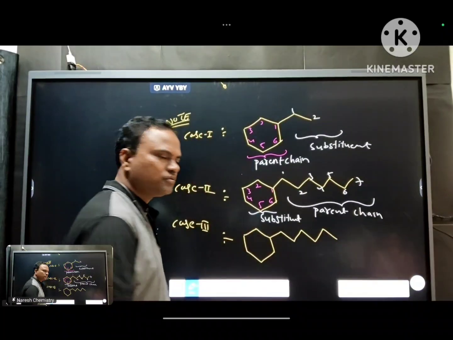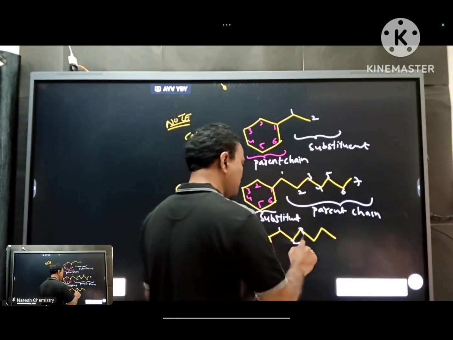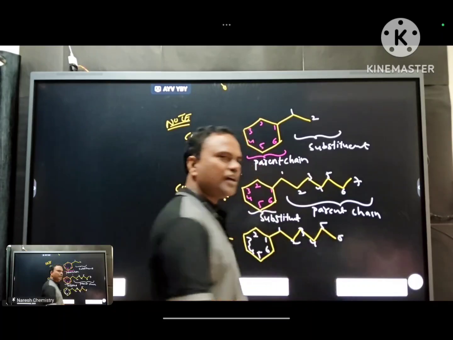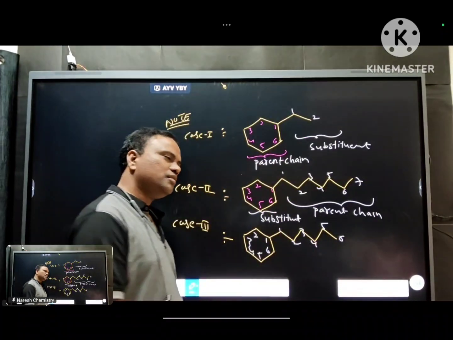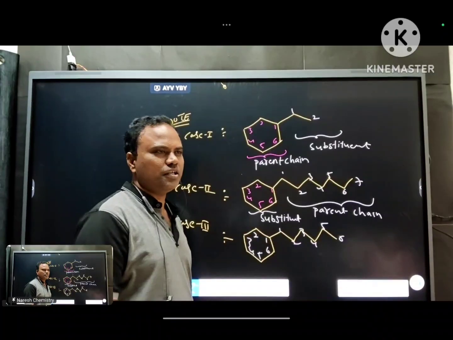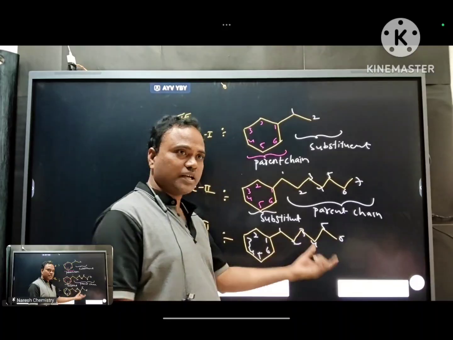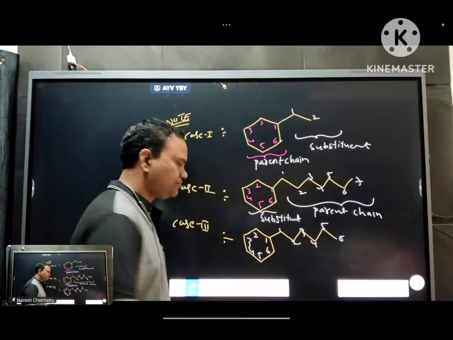Here, ring 1, 2, 3, 4, 5, 6 and side chain 1, 2, 3, 4, 5, 6. When both have the same carbons, then consider the ring according to IUPAC rules. The ring is the parent chain.